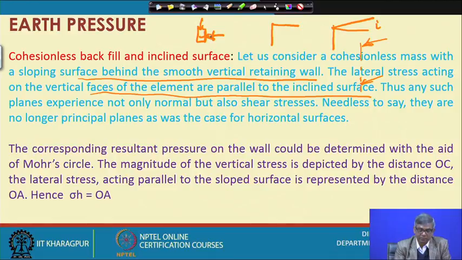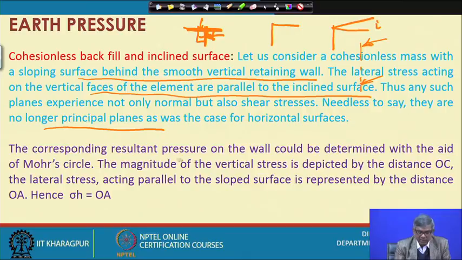So needless to say, they are no longer principal planes. Earlier, the planes we had were actually principal planes, but now, when you consider the inclined backfill, an element at any depth will not have principal planes, and on those planes both normal and shear stress will be there.